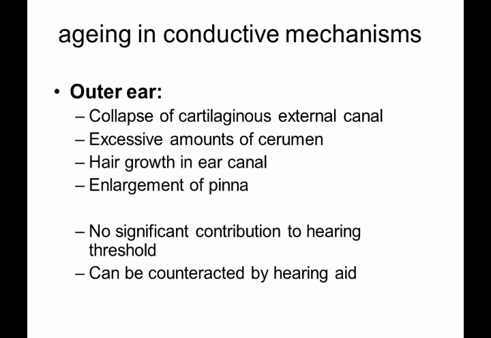Collapse of the cartilaginous external canal, it gets floppier, excessive amounts of cerumen, that we can deal with. Hair growth, enlargement of the pinna, because you lose the stability. That all changes the head-related transfer functions and makes localization worse, but it doesn't contribute significantly to hearing loss and can be easily counteracted by a hearing aid.